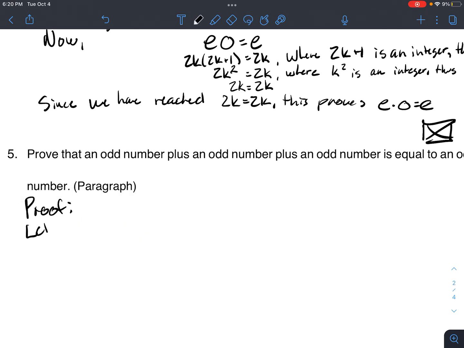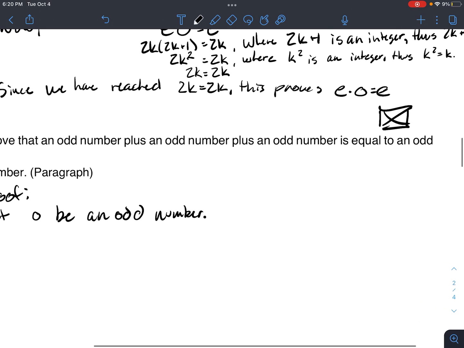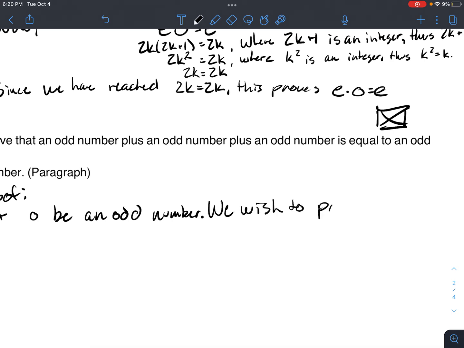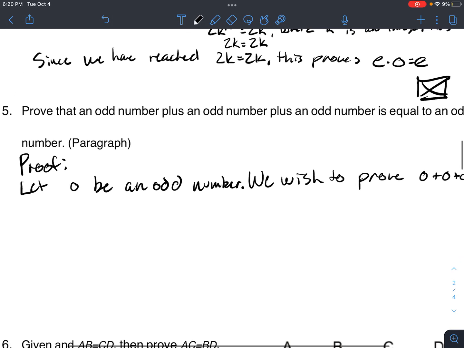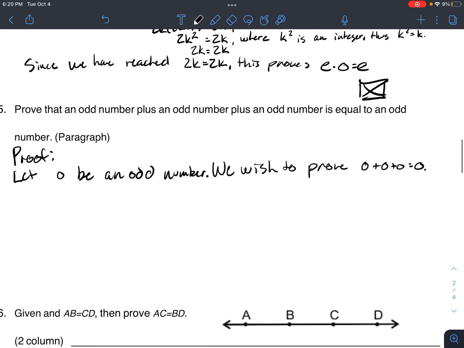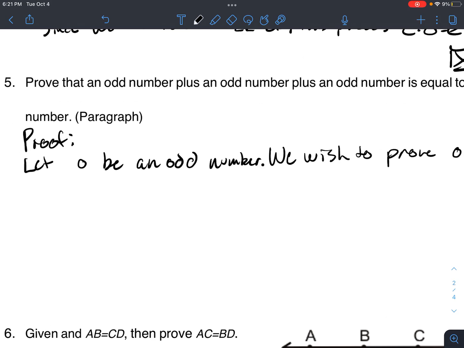Let's say let O be an odd number. We wish to prove O plus O plus O is equal to O. So now on our body portion, we've introduced our variables. O, we don't even have to define it, just based on what we are going to do.